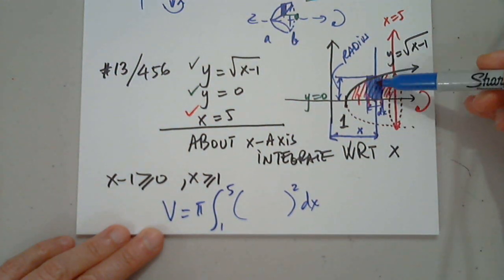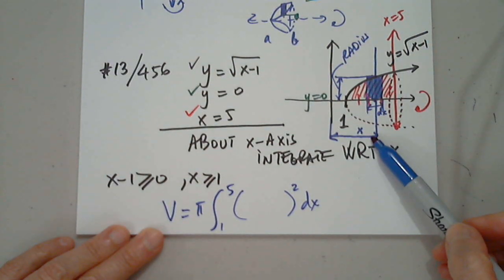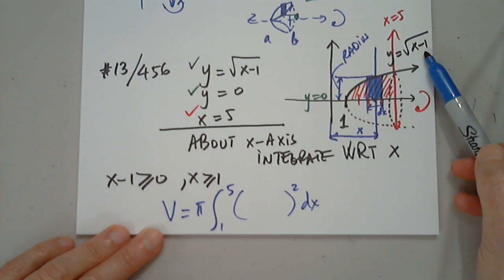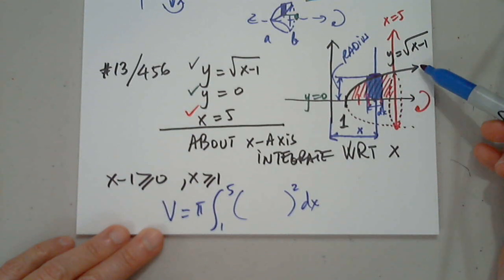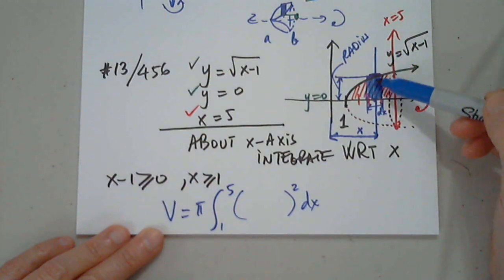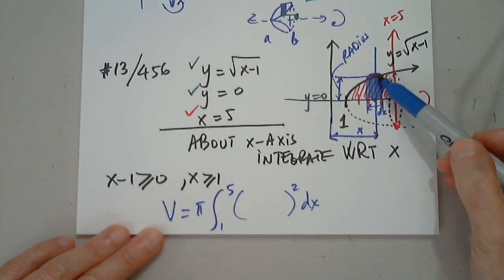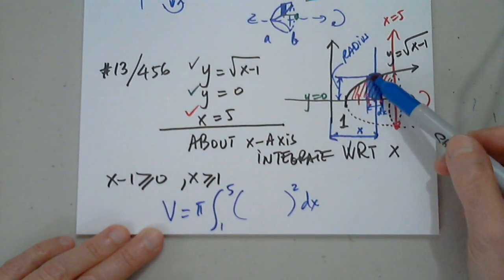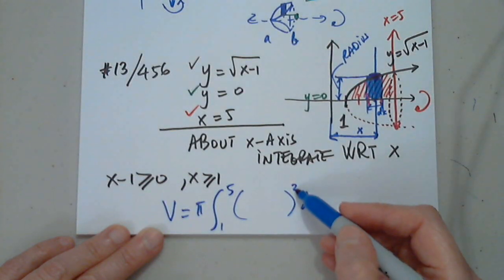It's this height. What is this height? It is the y value for this x value. So the distance between where the function and the vertical x value meet at this point, the height is the y value, and I have to square it.